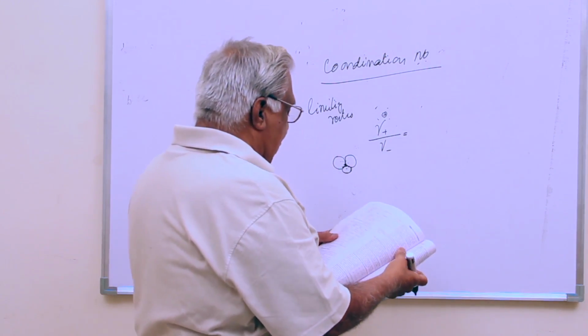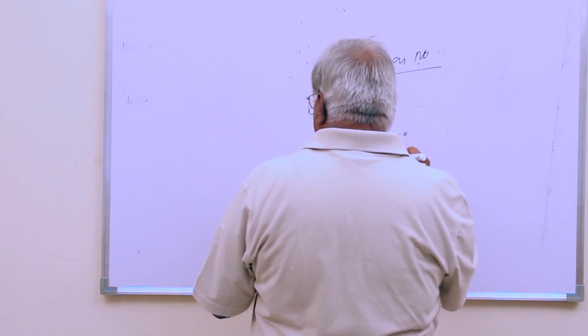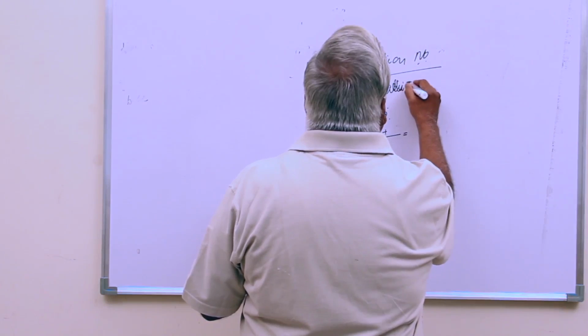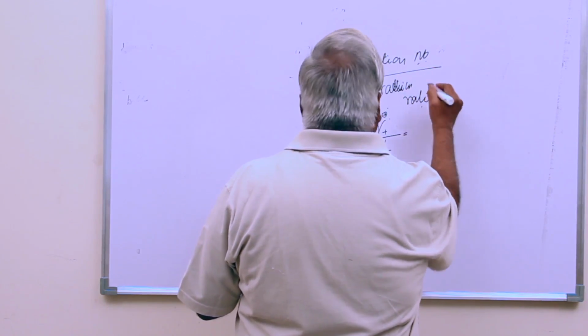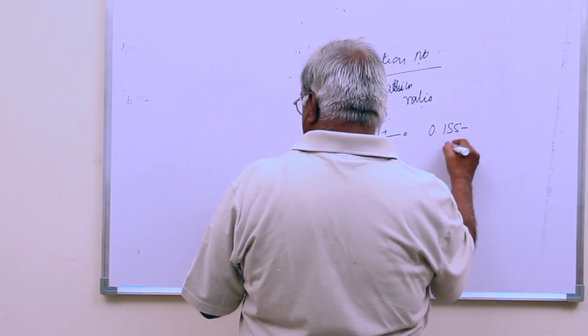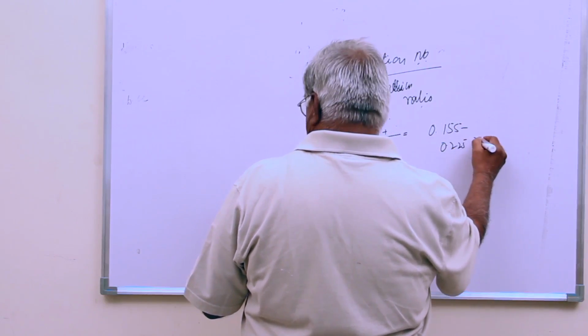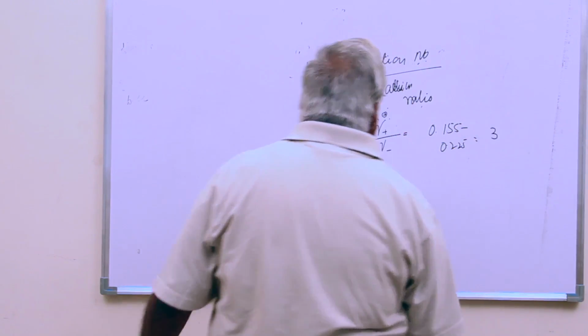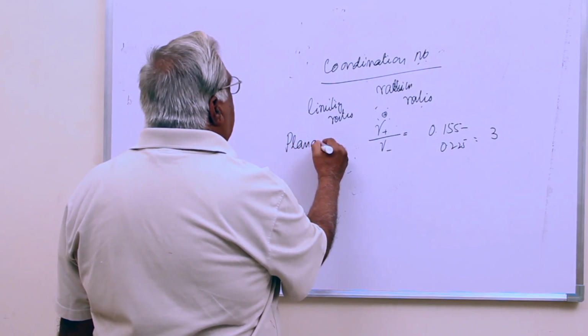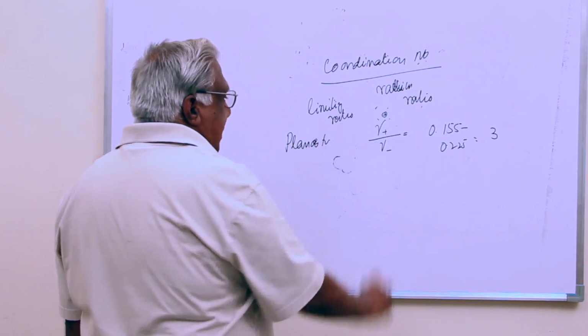This is called the limiting ratio, or simply the radius ratio. If the radius ratio is between 0.155 and 0.225, the coordination number is 3 and the geometry is called plane triangular.